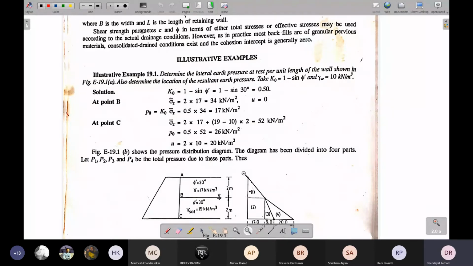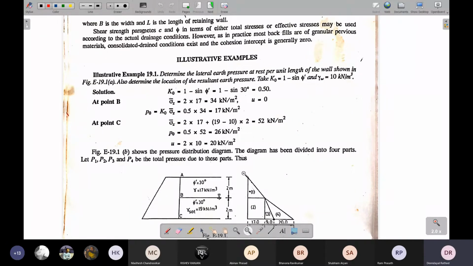Also determine the location of the resultant earth pressure. Take K naught is equal to 1 minus sin phi and gamma equal to 10 Newton per meter. So what is asked? We have a retaining wall, and we need the lateral earth pressure at rest condition, that means the wall is not moving at all.